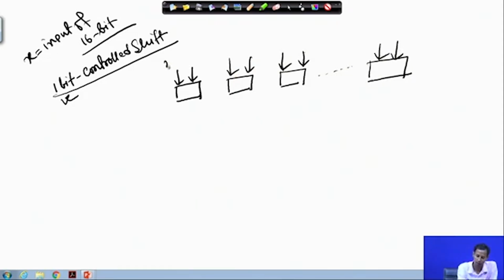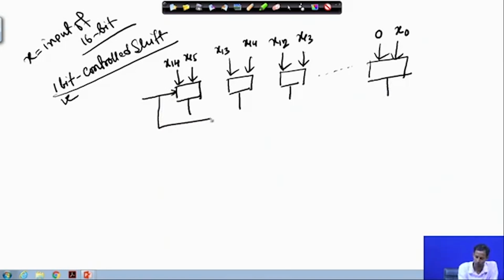So, that means here it will be up to x15, x13, x14, x12, x13, and here it will be 0 and x0. Now each of these will be connected something like this.